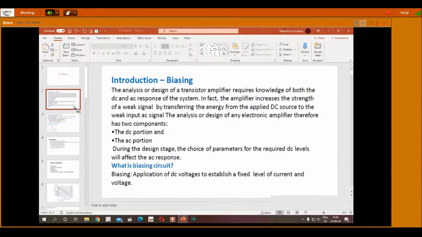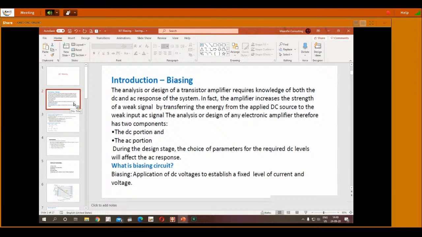To amplify those signals we require a BJT, but without any DC supply it can't amplify your AC signal. The most common application of a transistor is as an amplifier. If we apply a time varying signal as an input signal, then the BJT without the DC supply can't amplify. Only with a DC supply does it amplify the signal.